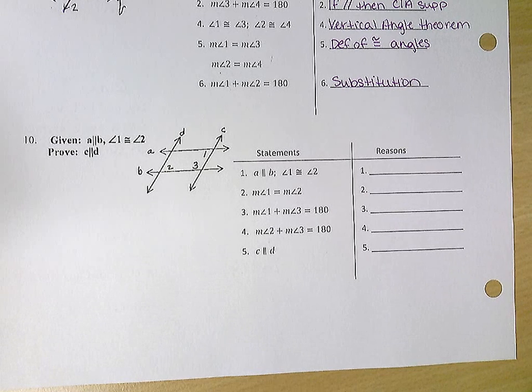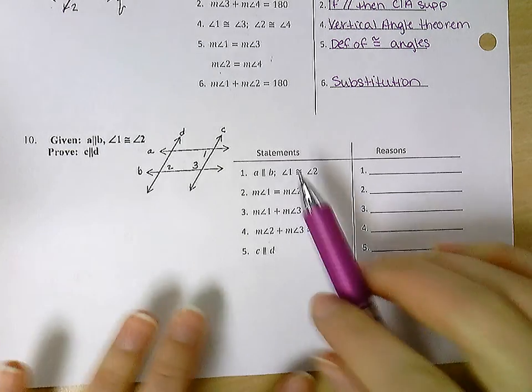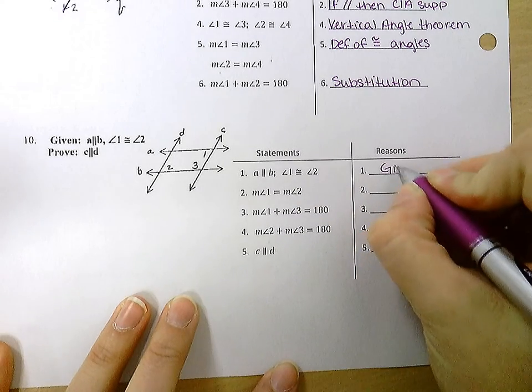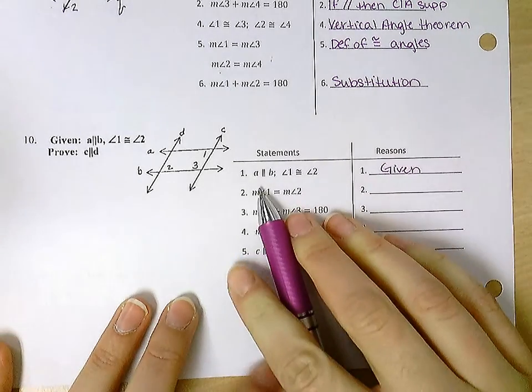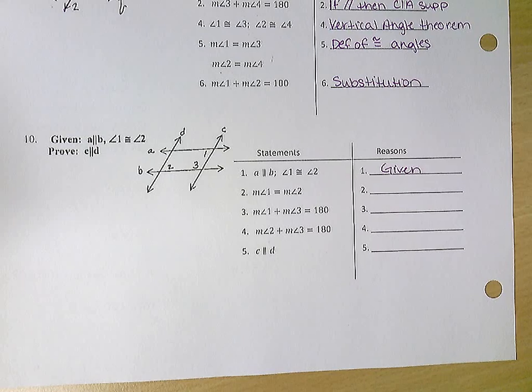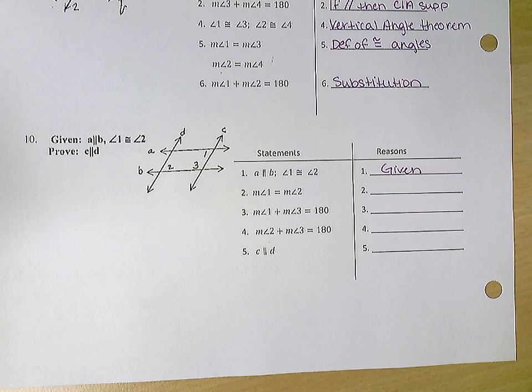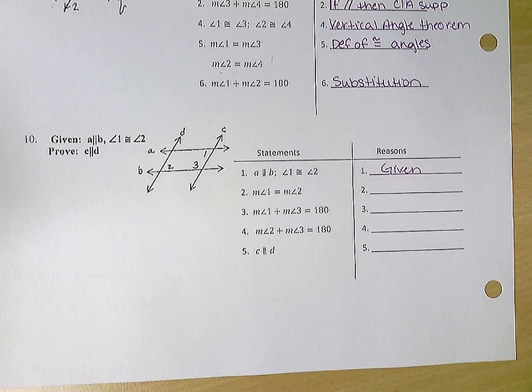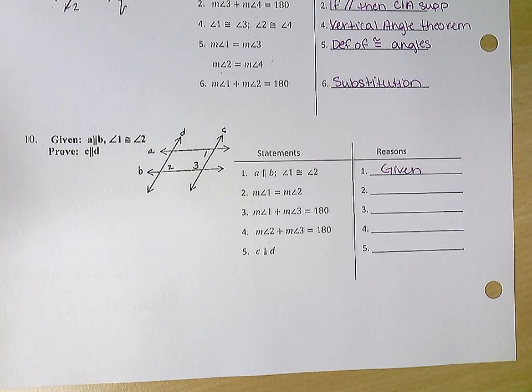Okay, so number 10, really quick here, you have like 3 minutes. I always want to start with my given information. Since I am given that lines are parallel, I have to use an if parallel statement. For your given, you have to use an if parallel reason.